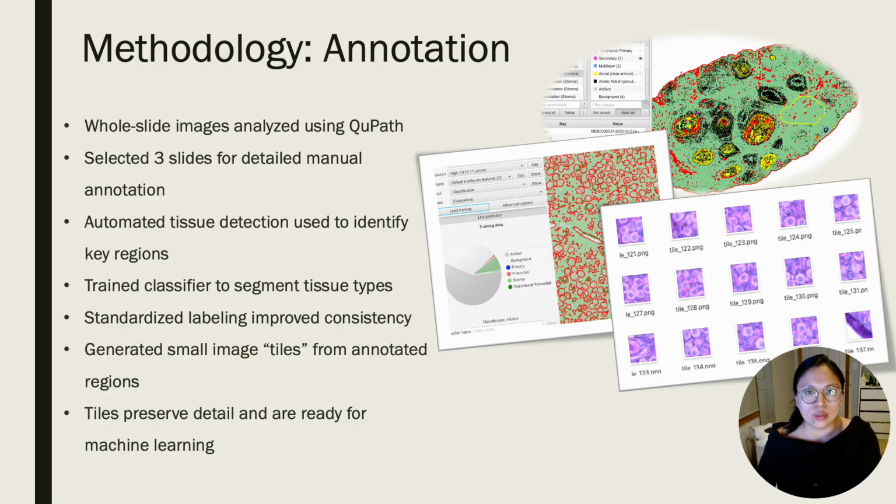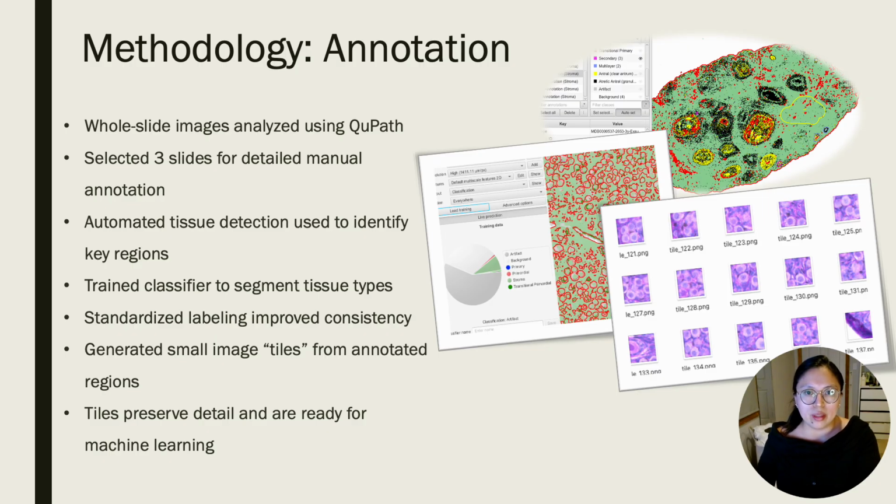Here I'll walk you through how we generated the data for our analysis. We analyzed whole slide images using QuPath, which is designed specifically for histological image analysis. From the 9 slides available from the naked mole rats, we selected 3 for detailed manual annotation to create a reliable reference dataset.